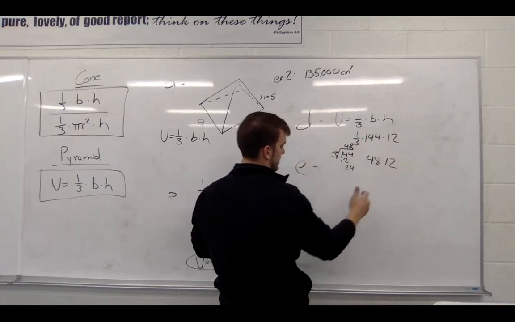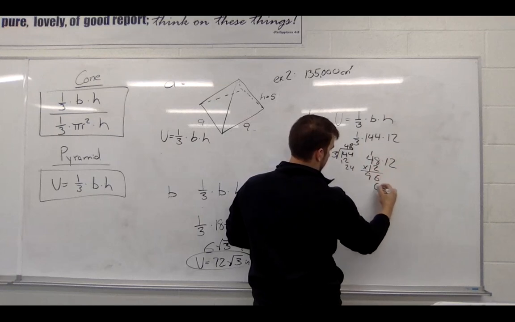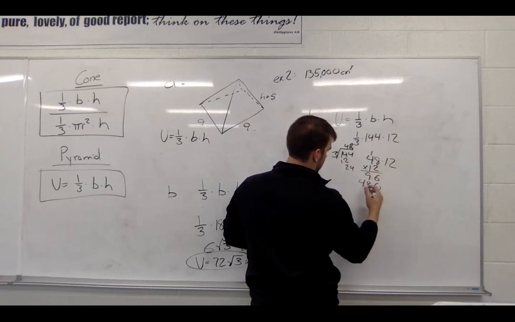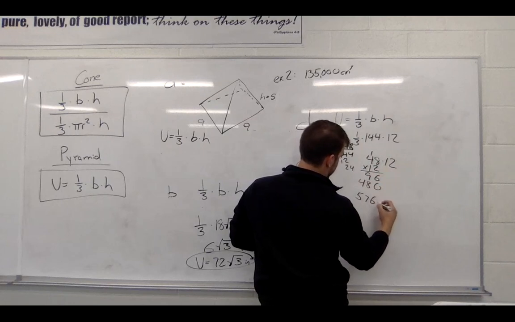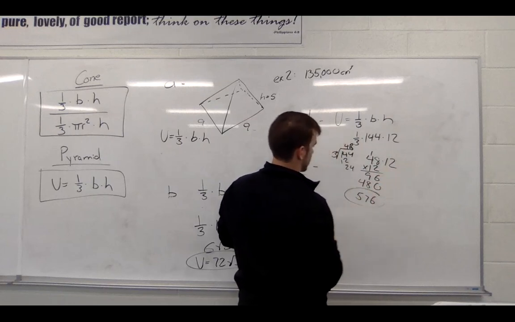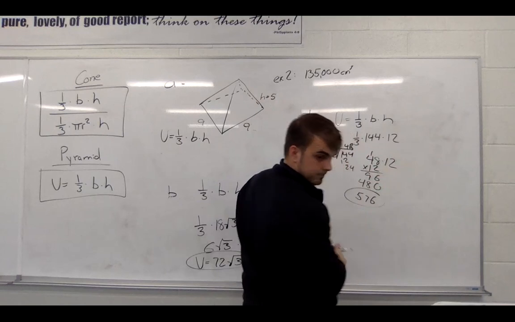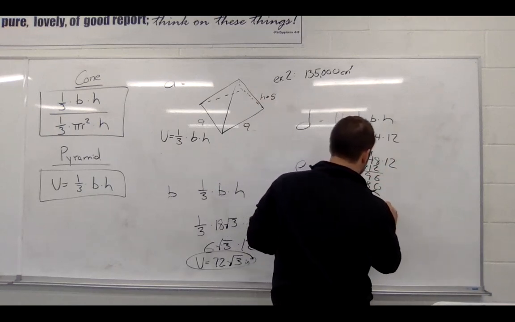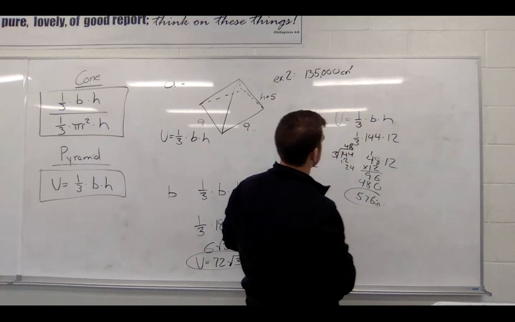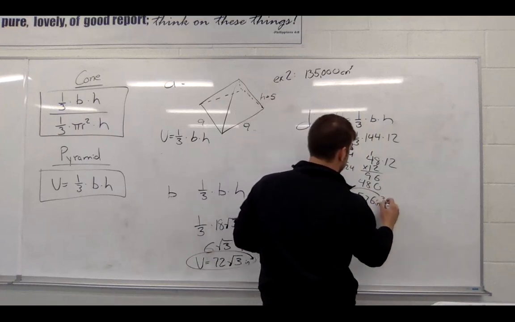That would give you your answer. We can figure that out here. So this should be 576 is what I get for my answer, inches cubed. Yeah, that one, 576 inches cubed.